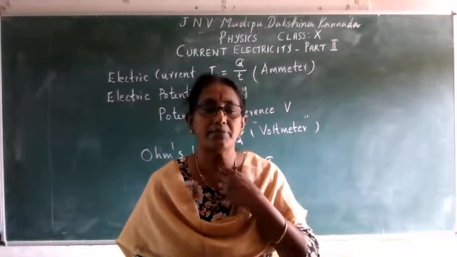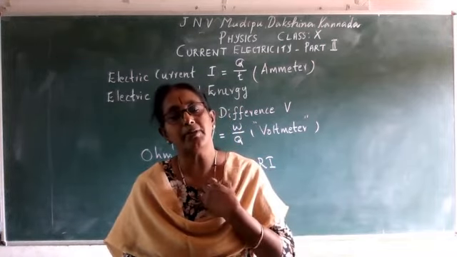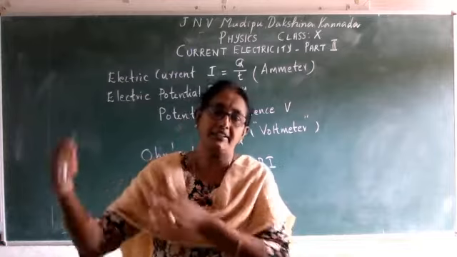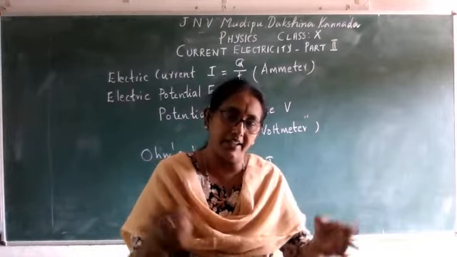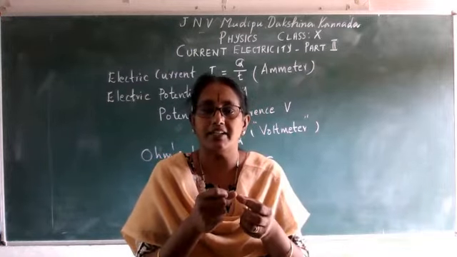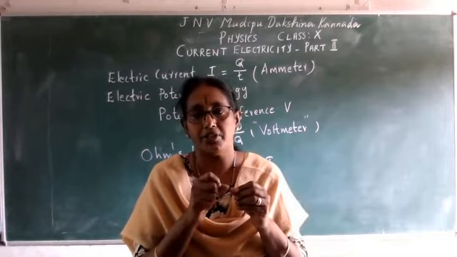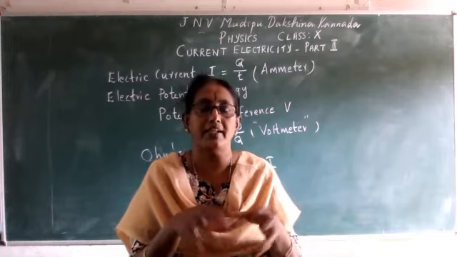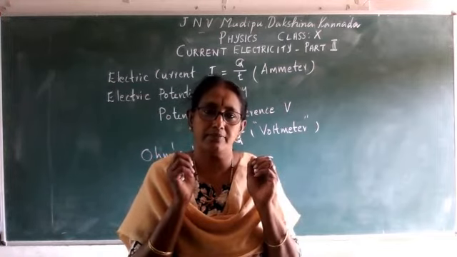So how some things will be connected in series, some in parallel: if you have connections one after the other, like flowers in a thread, that would be a series connection. And as a pendant or a locket, if you are making something, that will become a parallel connection.